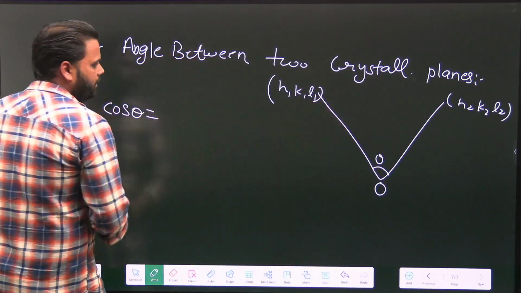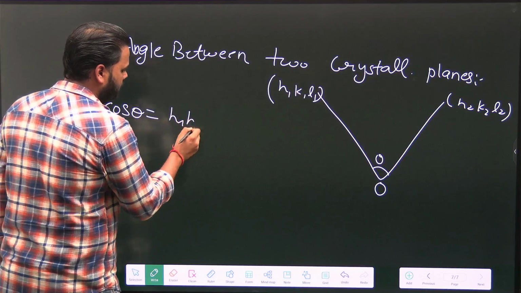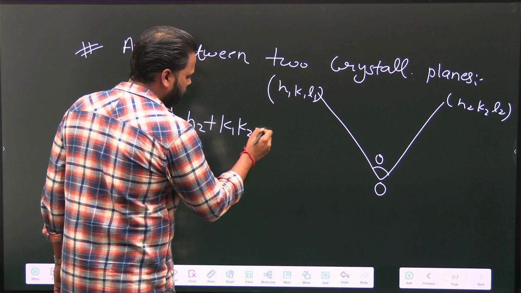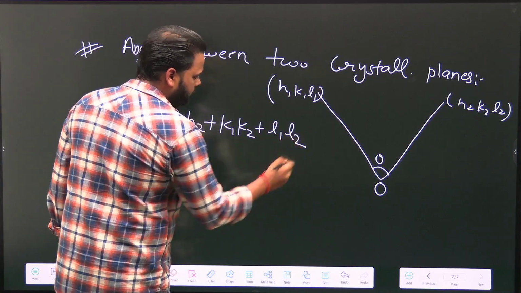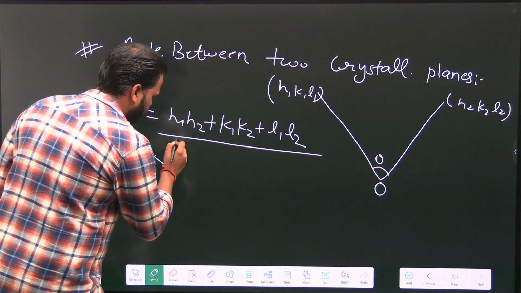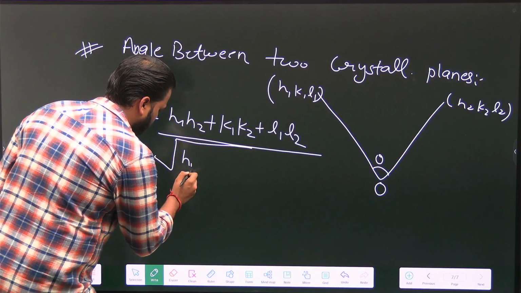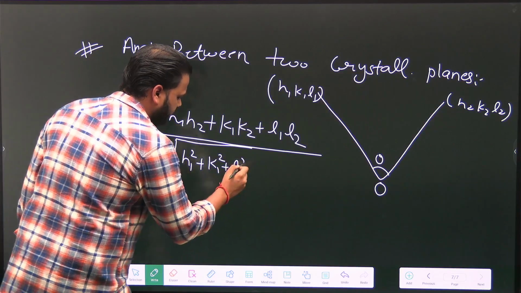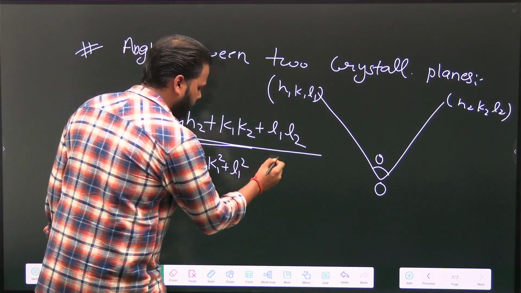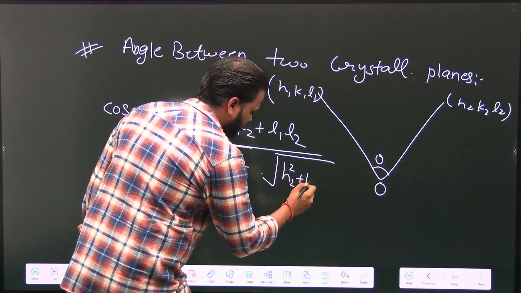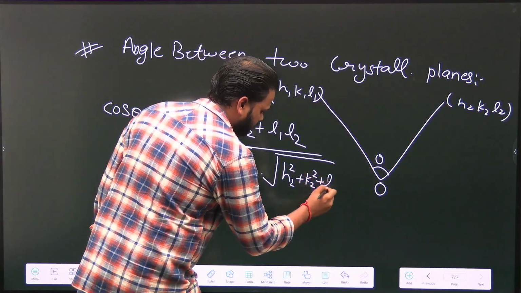I am writing out the direct relation here: h1 h2 plus k1 k2 plus l1 l2 divided by the square root of h1 square plus k1 square plus l1 square multiplied by the square root of h2 square plus k2 square plus l2 square.